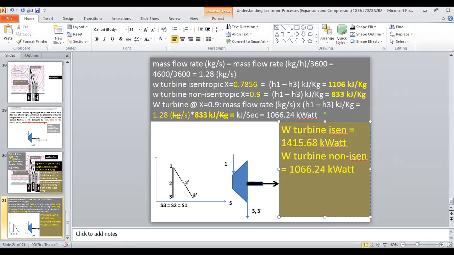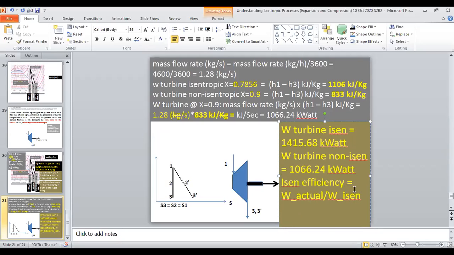So efficiency, we can see isentropic efficiency. Just put isen for convenience, is the W actual divided by W isen. So this is the isentropic efficiency.